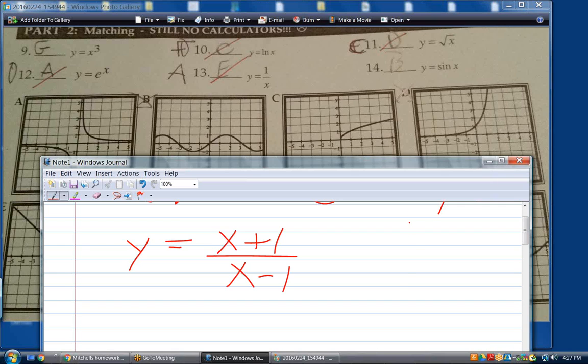That's going to graph something like that, with different asymptotes. It's the only difference. But the most basic hyperbolic function there is y = 1 over x, and that's that right there, A.